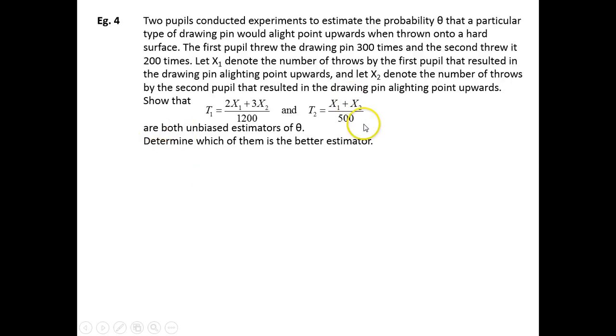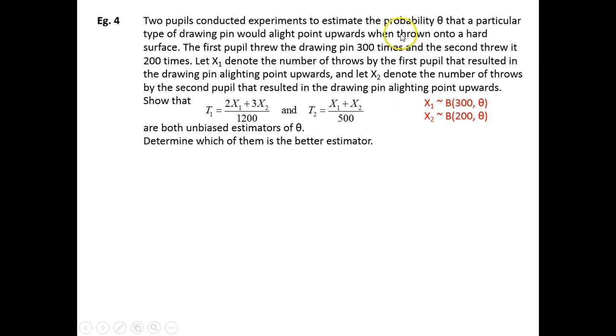Let X1 denote the number of throws by the first pupil that resulted in the drawing pin alighting point upwards, and let X2 denote the number of throws by the second pupil that resulted in the drawing pin alighting point upwards. Show that those two combinations, T1 and T2, are both unbiased estimators of theta, and determine which one of them is the better estimator.